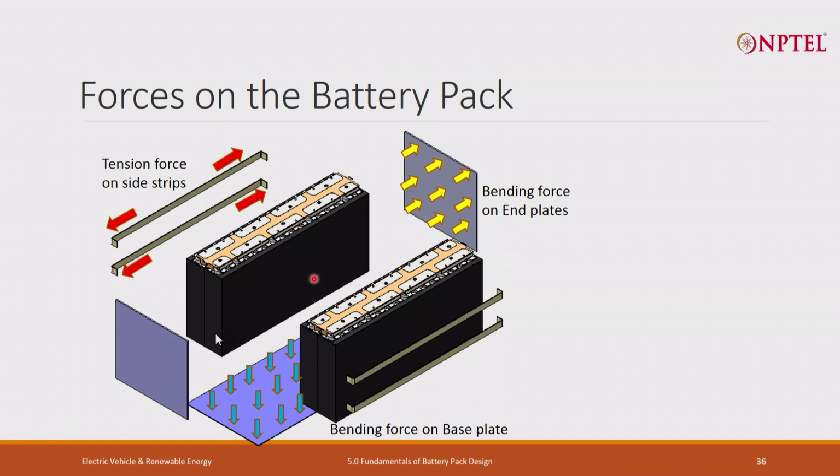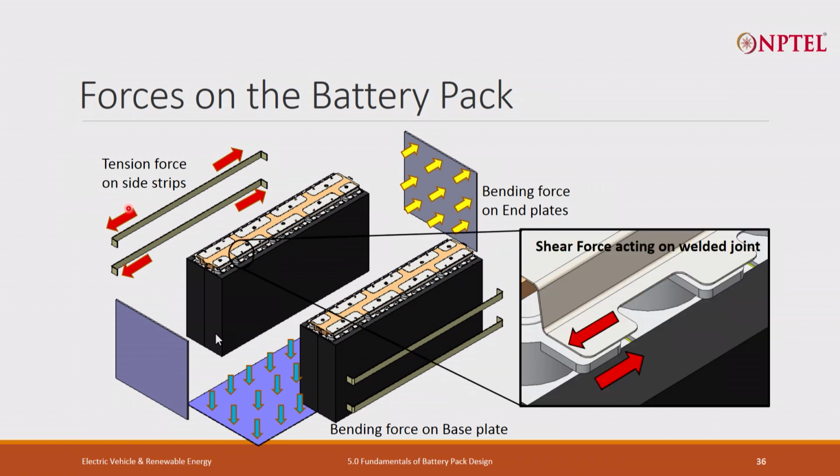When you are connecting this plate and this plate through the side strips, then either it would be in tension or it would be in compression. The bus bar between two cells, which is connecting each other and held by a module enclosure, will get a shear force mostly.